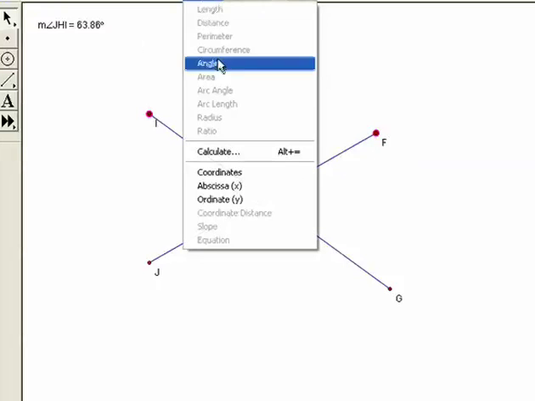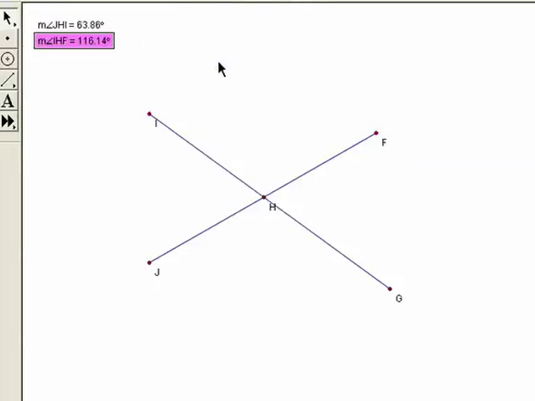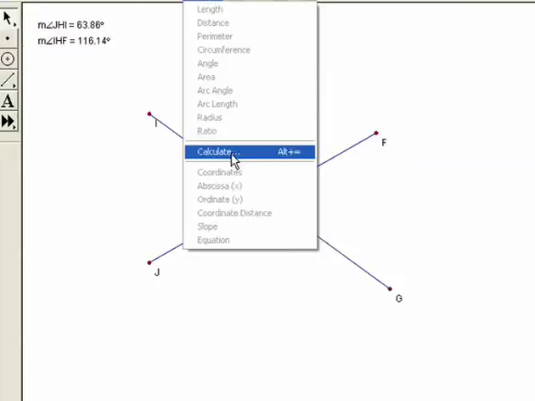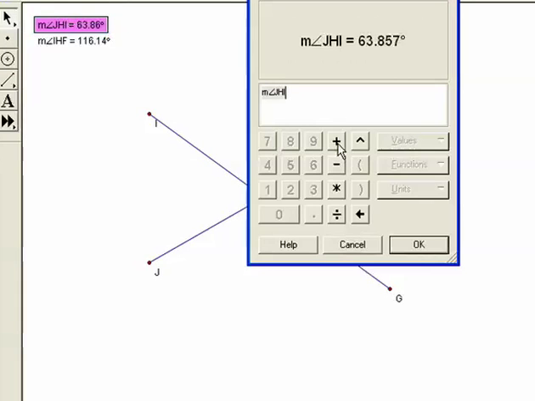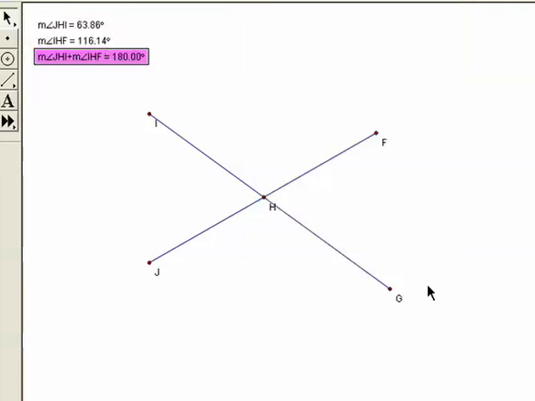So I'll hit Measure Angle again, and there's IHF, 116.14 degrees. Now I'm going to add those two together. So I go to Measure, Calculate, and I select JHI, hit the plus sign, select IHF, and we see that the sum of those equals 180 degrees. We hit OK. There it is.